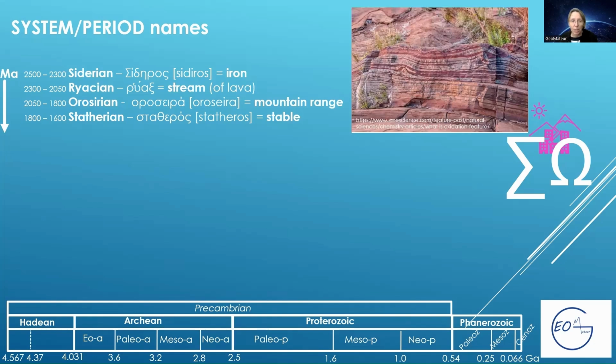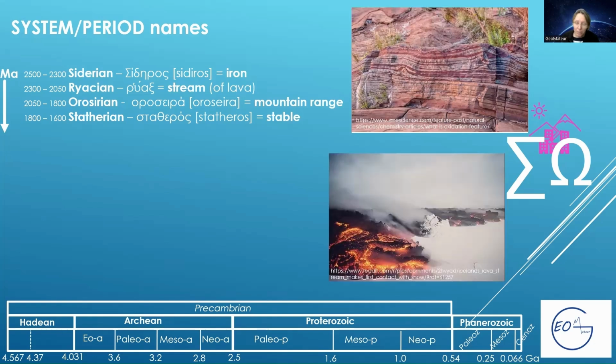And at the end of Siderian comes the next unit, Rhyacian, that comes from the Greek word for stream, referring to a stream of lava, reflecting the significant volcanic activity and tectonic shifts.